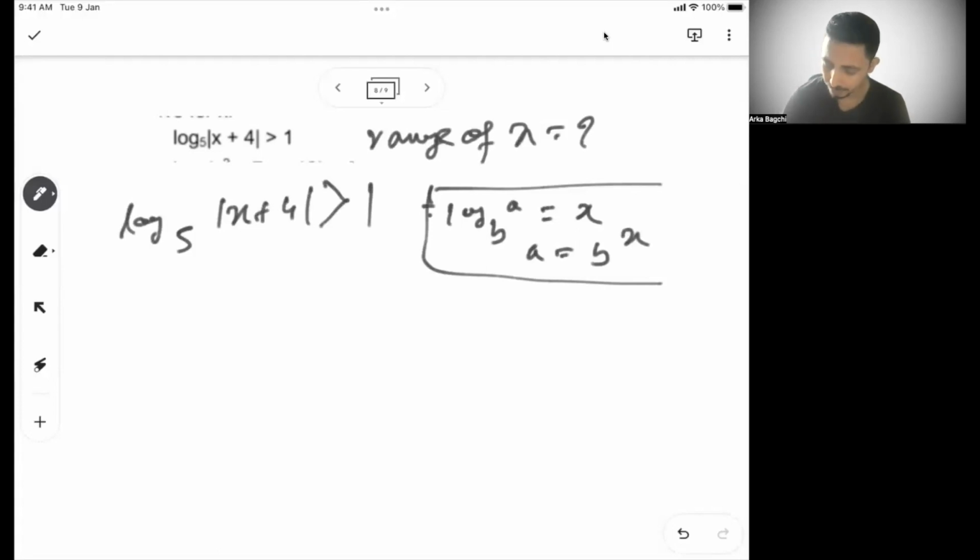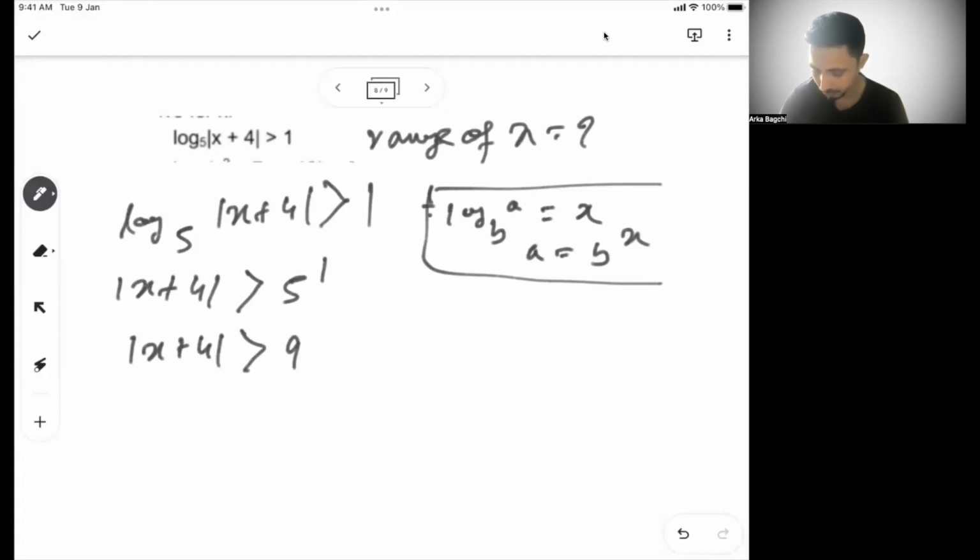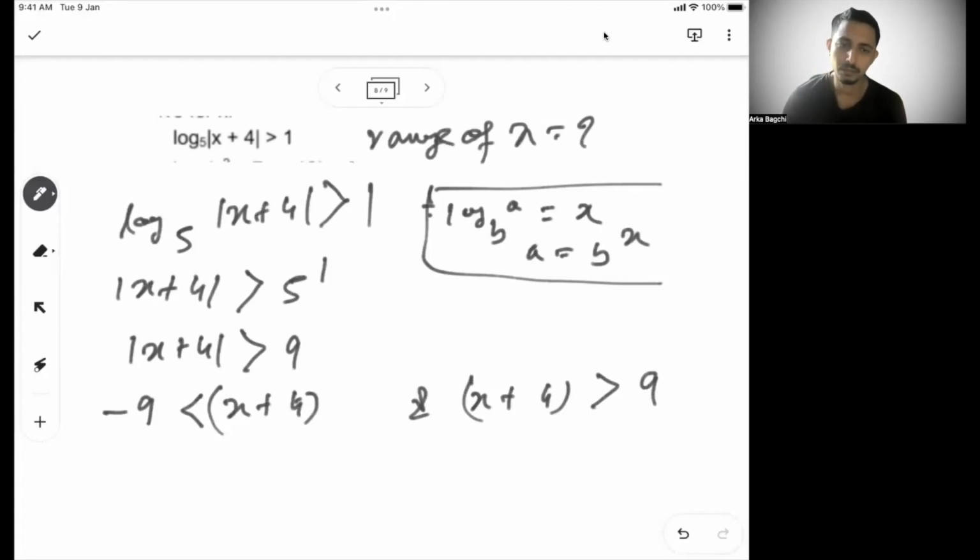So in this case, what you have to do, right? Modulus of x plus 4 greater than 5 to the power 1, right? So mod of x plus 4 must be greater than 9. Then I can say minus 9 must be less than x plus 4, and x plus 4 must be greater than 9, right?